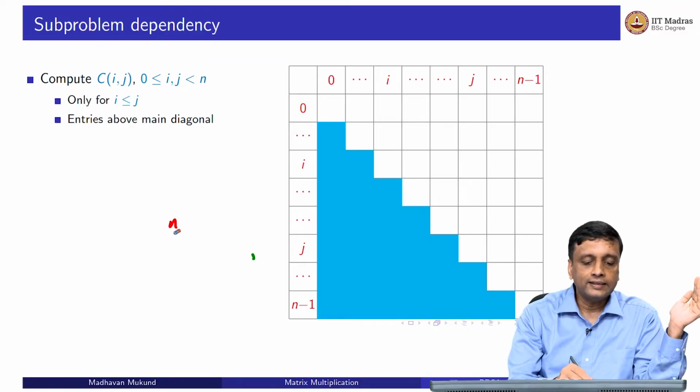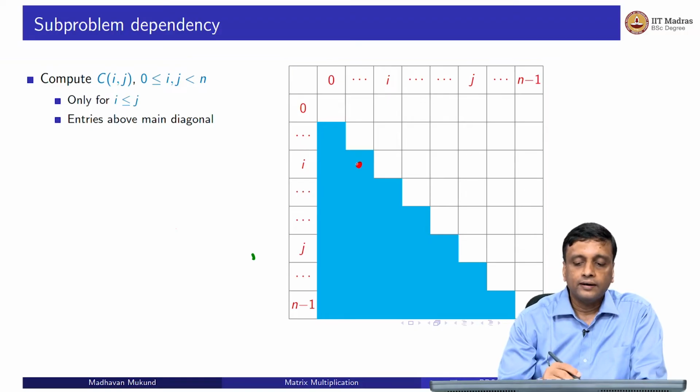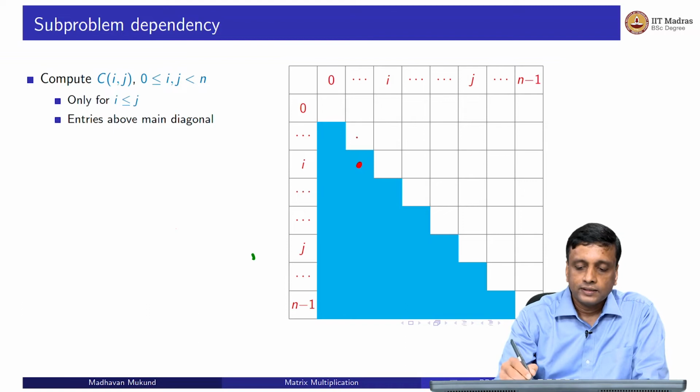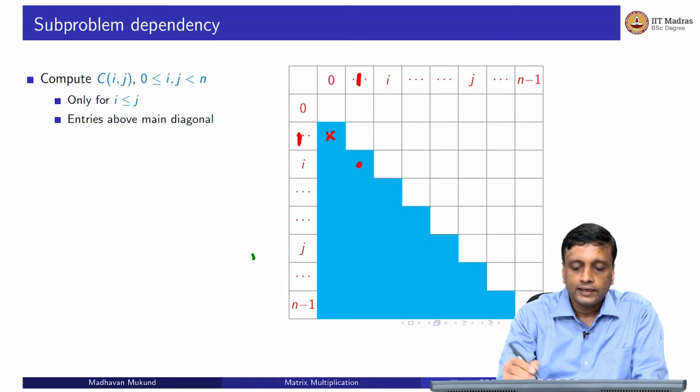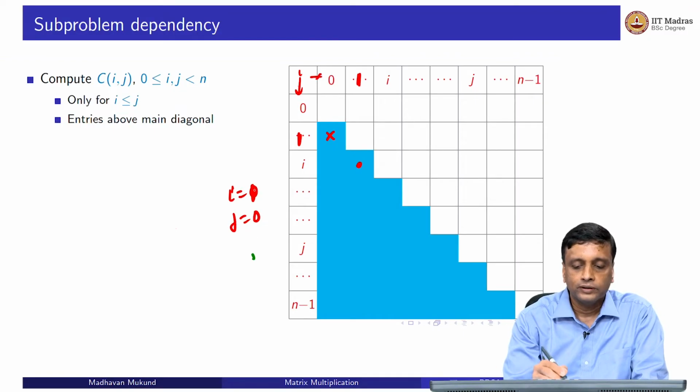So what this means is that in this matrix, I must only look at cases where j is bigger than i. So here, for instance, let's look at this entry. Let's assume that this is 1 and this is 1, right. So if I look at this entry, then this corresponds to i equal to 0, j equal to 1. So this is i and this is j. So row 0 and column 1; row 1 and column 0 is not allowed.